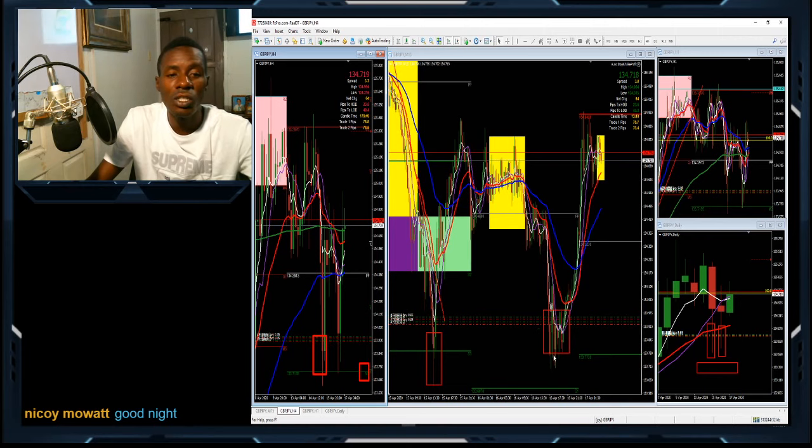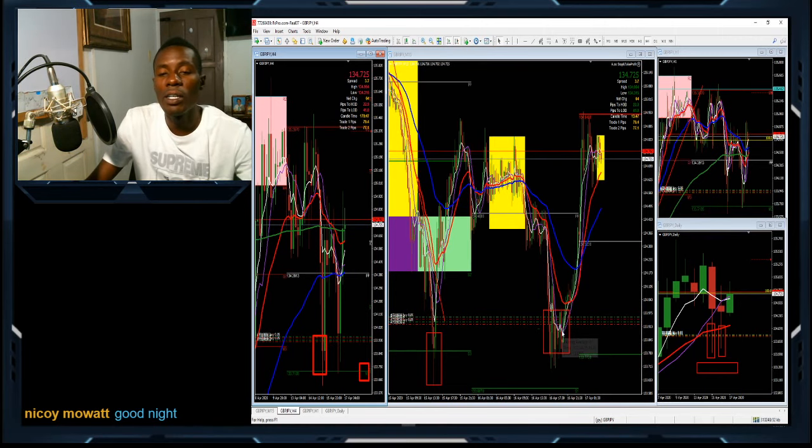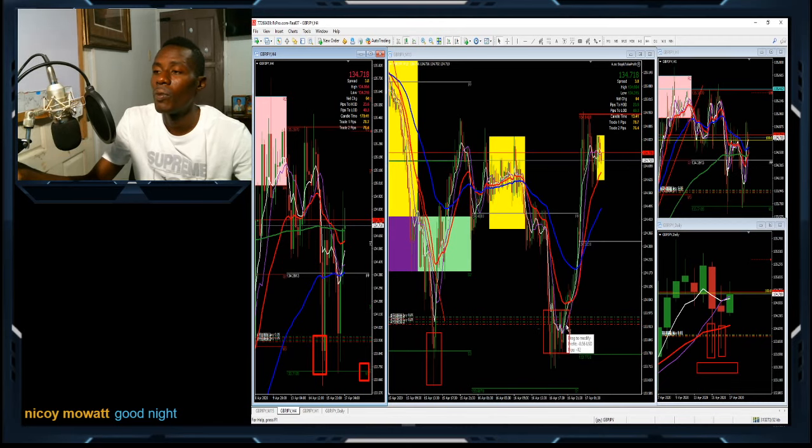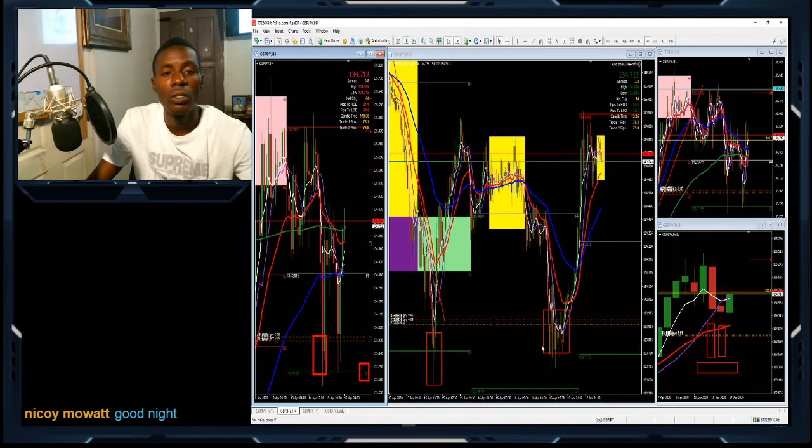So this is just an example that I would like to demonstrate and show all the members in the group, that this is the way we should take it, instead of going in the market taking 10 and 20 pips out of a 100 pip move or a 300 pip move.